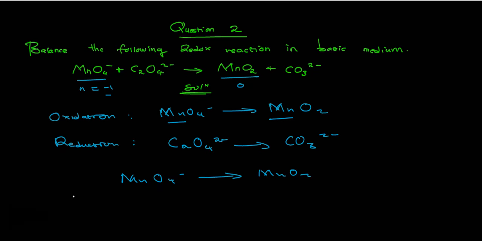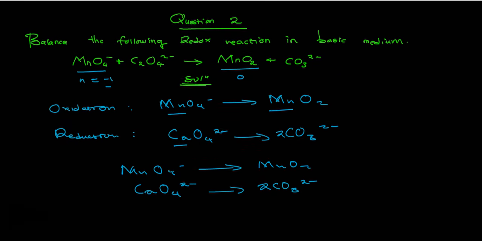Then this one, carbon: here we have 1, here we have 2, so I'm going to put 2 here. So this is a carbonate ion. So now we have balanced carbon.